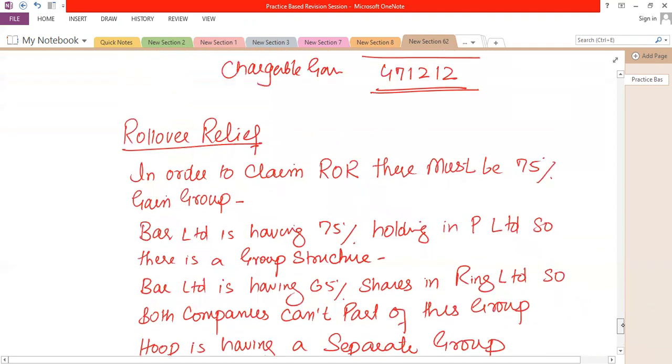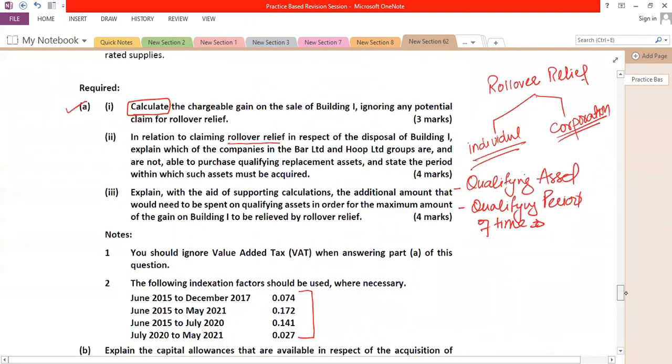So this is a brief explanation of part 2, that is, what is the condition, right? Now the third one: explain again with the aid of supporting calculations the additional amount that would need to be spent on a qualifying asset in order for the maximum amount of the gain on building 1 to be relieved by rollover.